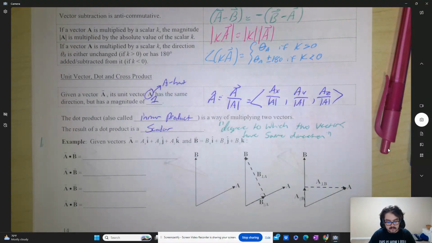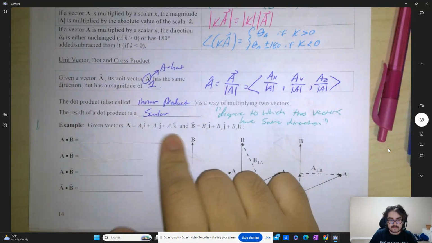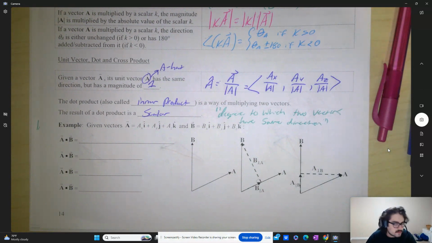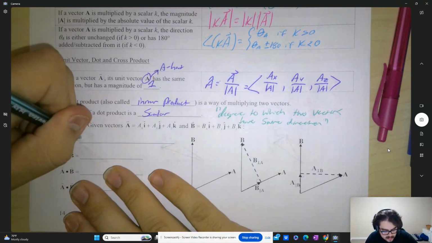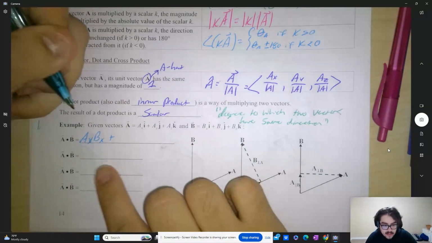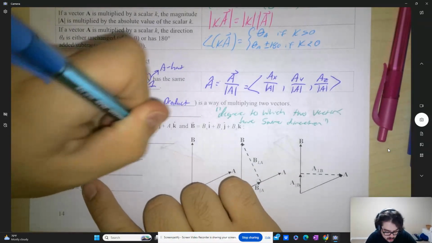Okay? So if we're given these vectors, and for example, they have x, y, and z components, then there's four different ways to calculate the dot product, even though they're all equivalent to each other. The first way, in my opinion, is probably the easiest. You take the x components and multiply them by each other, add to that the y components multiplied by each other, and I bet you can guess what you're going to do with the z components.